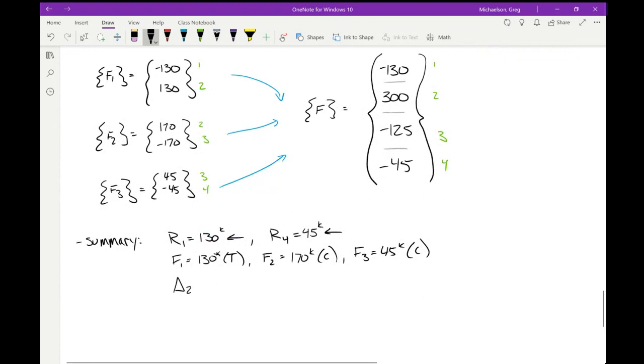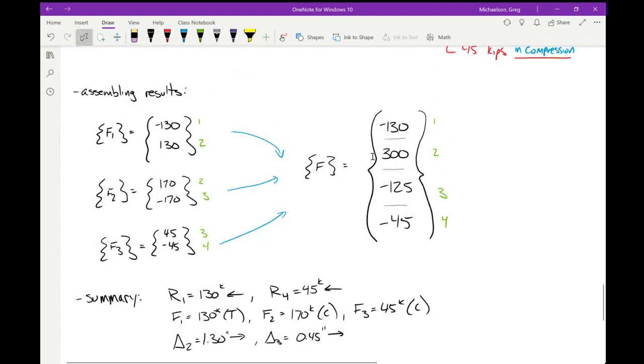We have every displacement. The entire structure is solved. There's nothing left. That's everything.